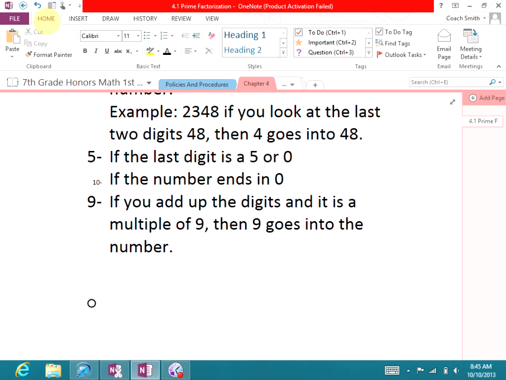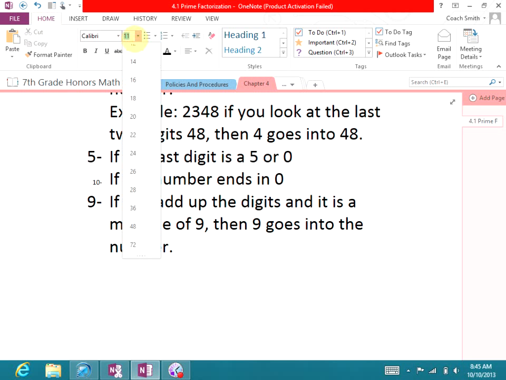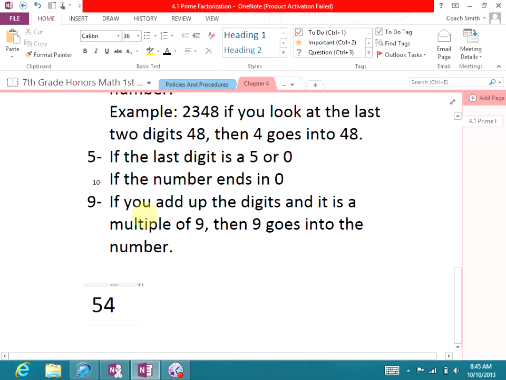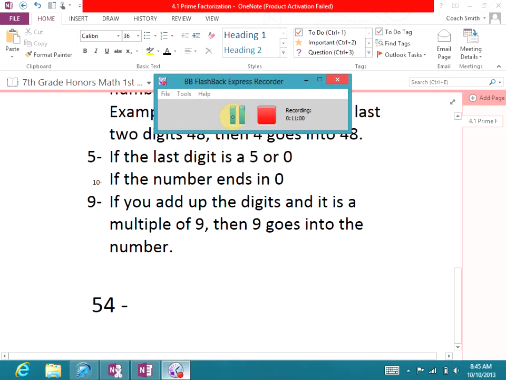Take the number 54 and prime factor it, and list all the factors of 54. Do that quickly, and let's see if we can get them all listed.